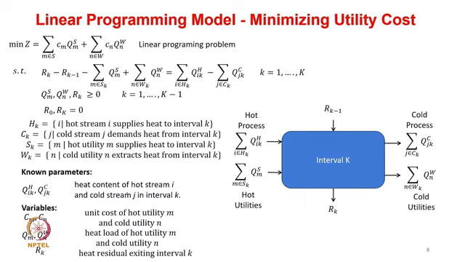QHIK essentially means the heat content of the hot stream I. QSM is the heat load of utility M. Now look at the cold process: QCJK is the heat content of the cold stream J in the interval K. We are speaking specifically about this interval K, so everywhere you see an index K would be attributed. Similarly, QWN is the heat load of cold utility N.